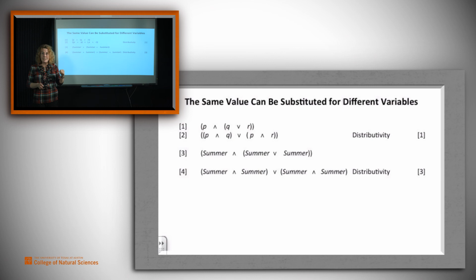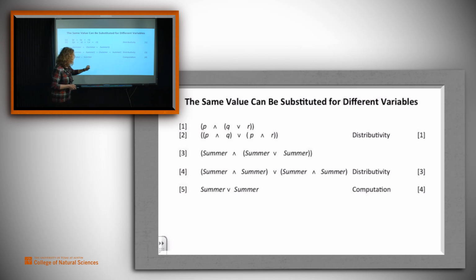That's fine, and we can see that it's fine. If we now continue with some computation and simplification, we see that this simplifies to summer, and this simplifies to summer, so we have summer or summer, and that simplifies, of course, to summer. And it's quick to see that so did this one. So we haven't generated anything that doesn't follow from the original premise. So we can substitute anything, and we really mean anything, as long as we're consistent in how we do it.